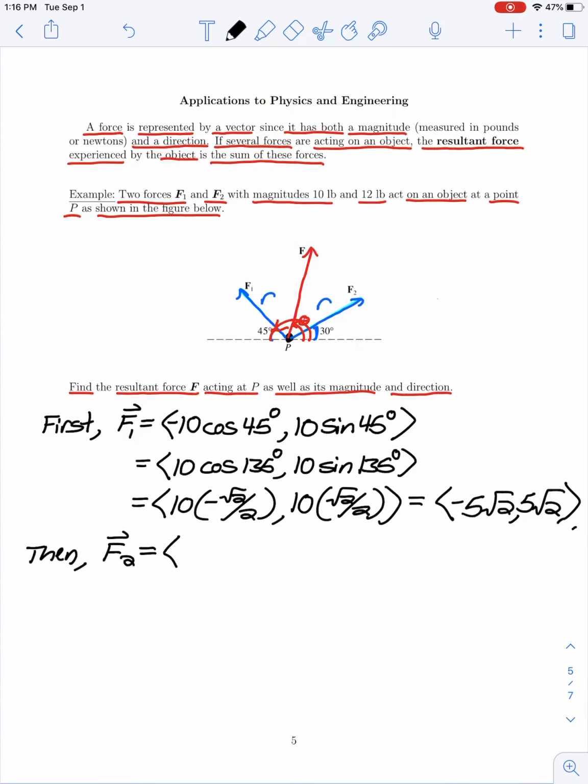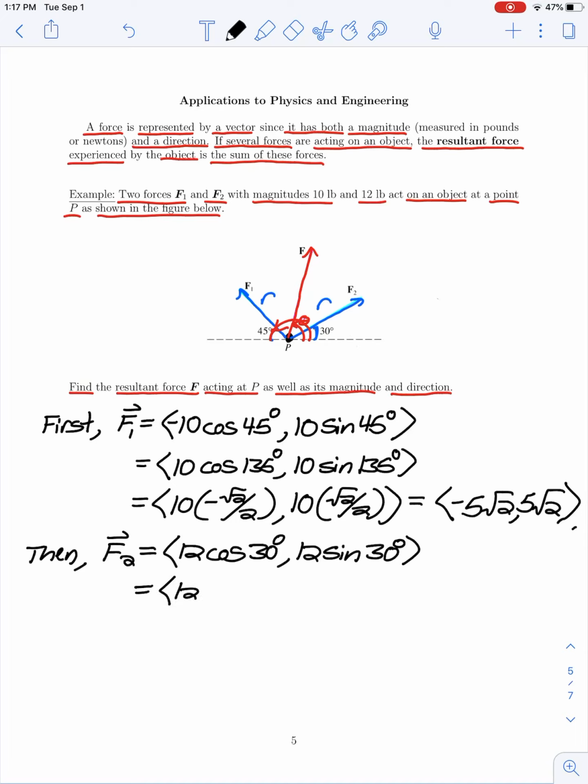So using what we know about polar coordinates, we would take the magnitude of that vector, which was 12, times cosine of the angle, which is 30 degrees, and 12 times sine of that angle, 30 degrees, formed from the horizontal.